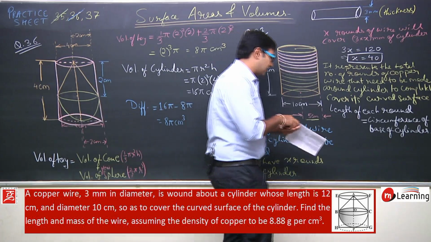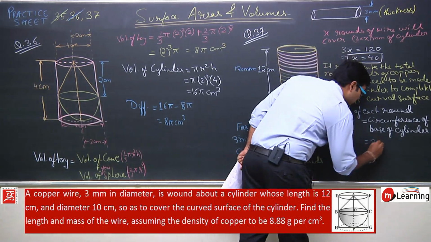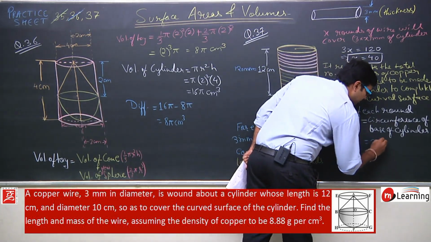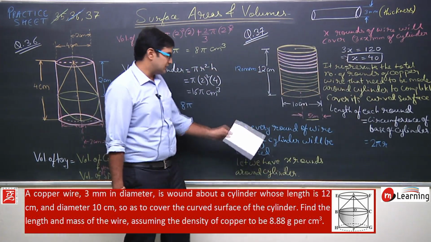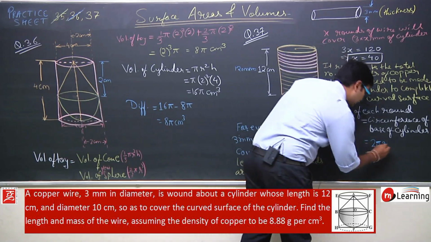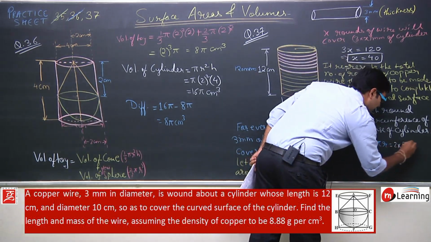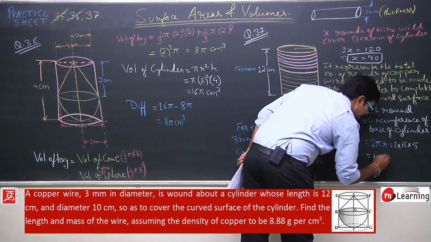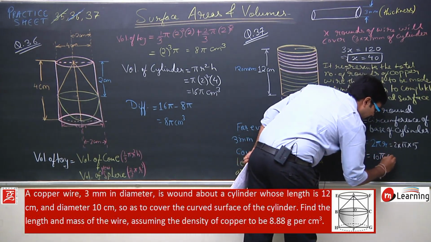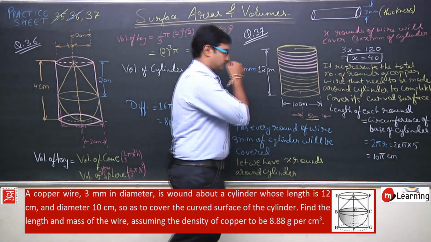So the length of each round will be equal to 2 pi r. The radius is 5, so this will be 2 into pi into 5, which gives 10 pi centimeters.